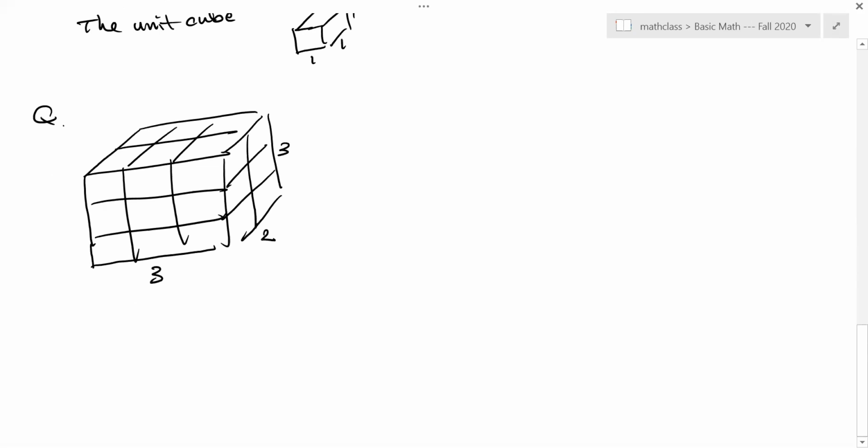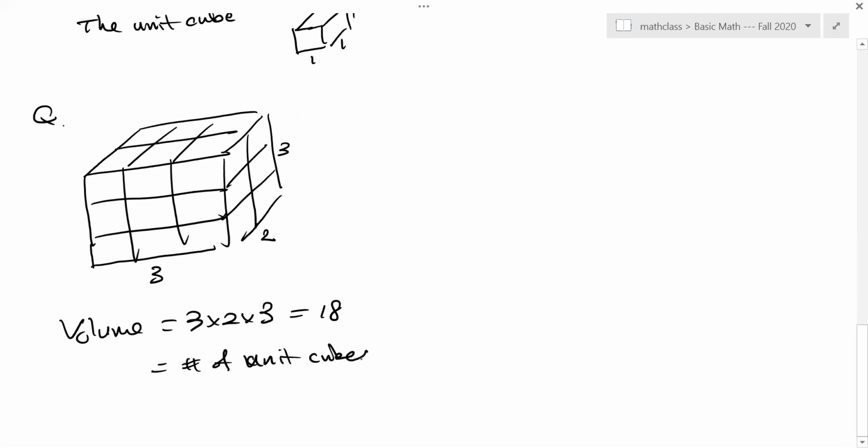So the volume is going to be 3 times 2 times 3, so it's going to be 18. So 18 is actually the number of unit cubes in this rectangular box, in the prism.